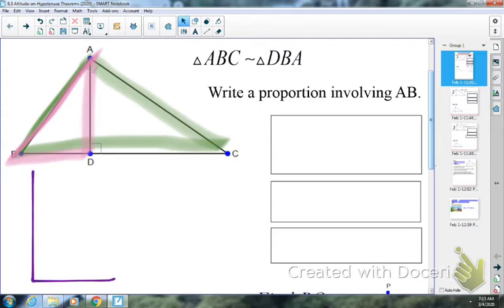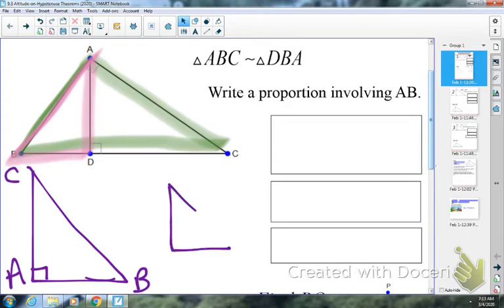So if the big triangle here, A is my right angle, let's put B on the right, and let's put C at the top. Then if it's similar to that little pink one, my right angle would be at D. We're going to put B here because angle B is in both triangles. It would be congruent to itself by reflexive. And then that would imply A at the top. Okay, so if I pulled them apart, this is what it would look like.